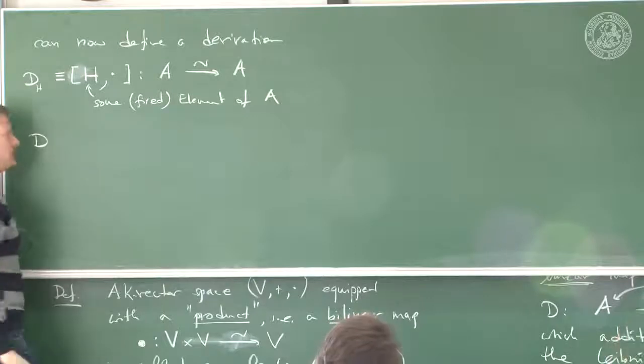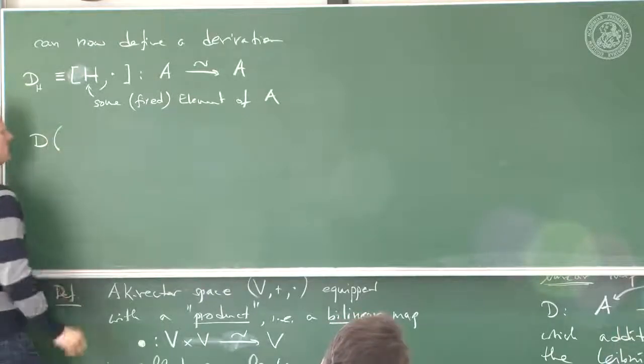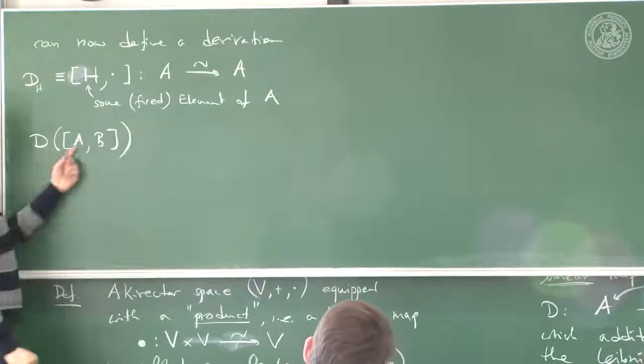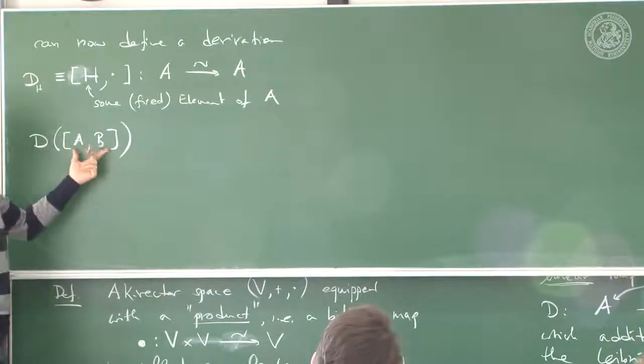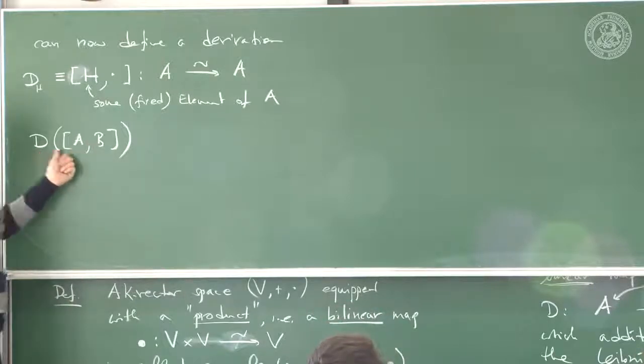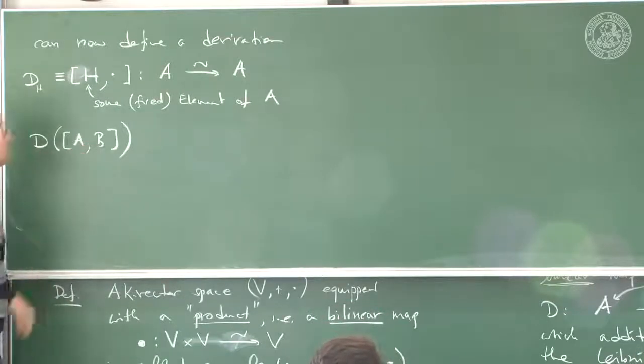Now, guess what? You take this D and you apply it to a product of elements of the algebra, so to A blob B. Well, the blob happens to be the bracket now. This is the D applied to the blob.